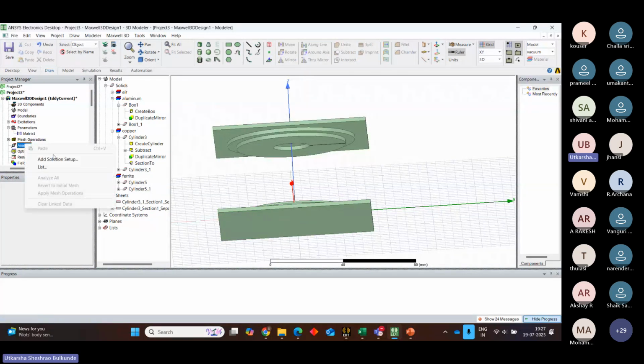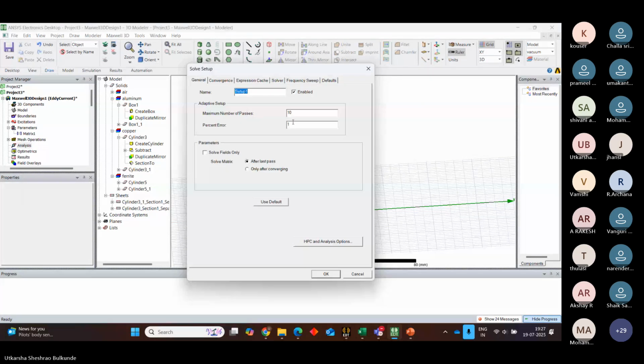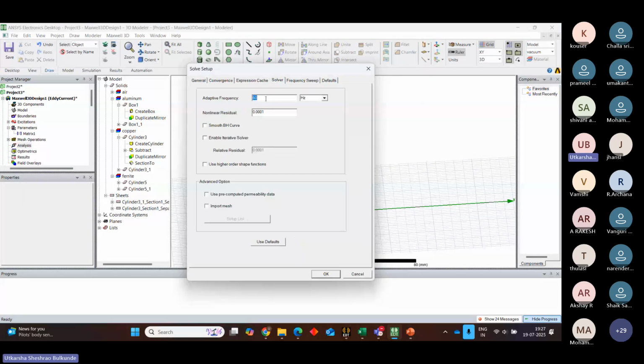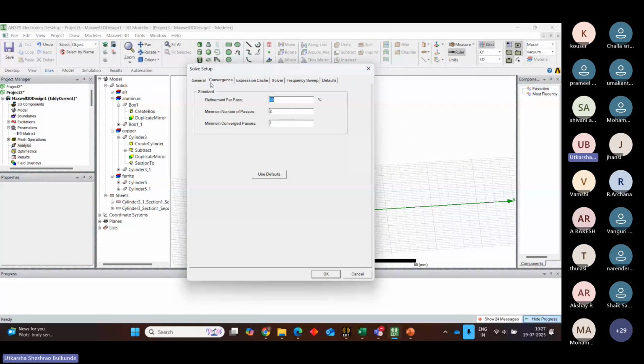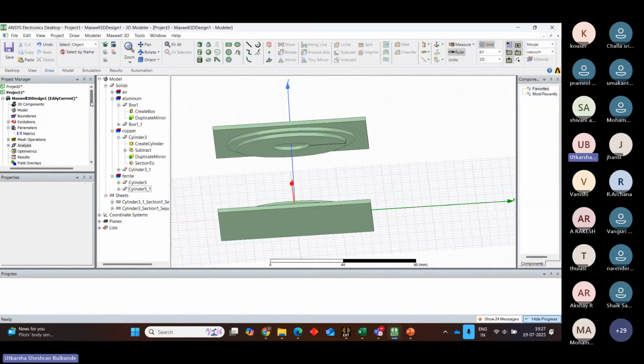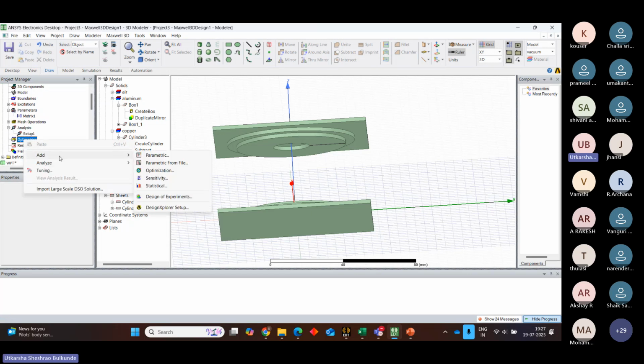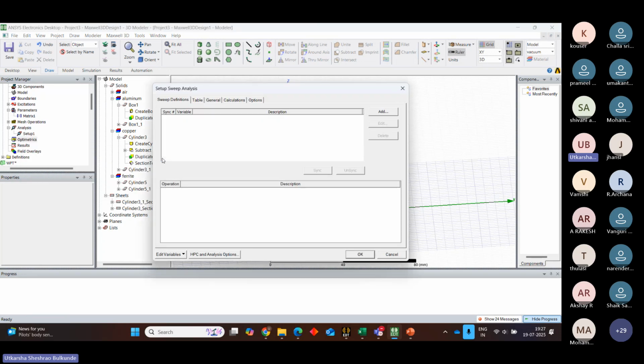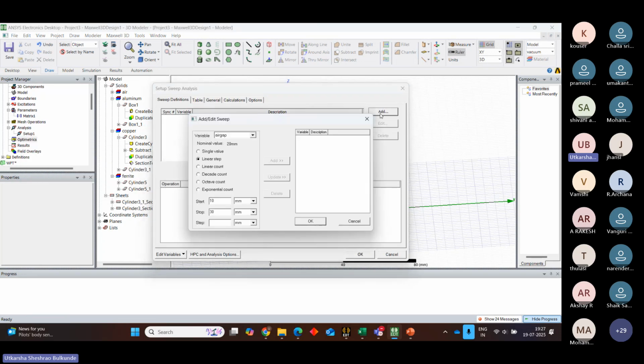Now analysis. Just frequency we will change. Rest, if you want to keep as it is, it's fine. Let's change this. Okay. Then optimetrics. Whatever we want to change and analyze, we will add here.